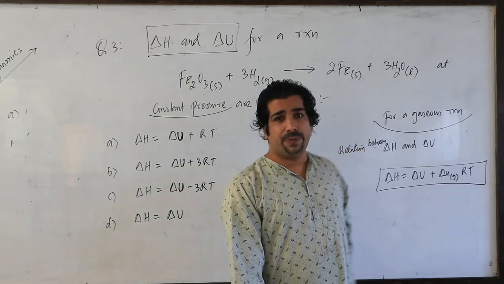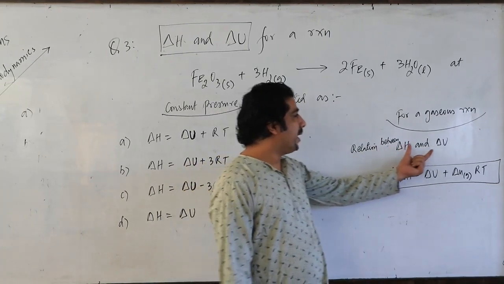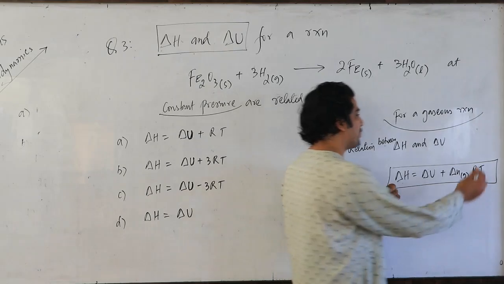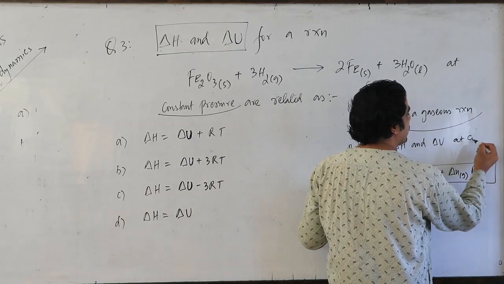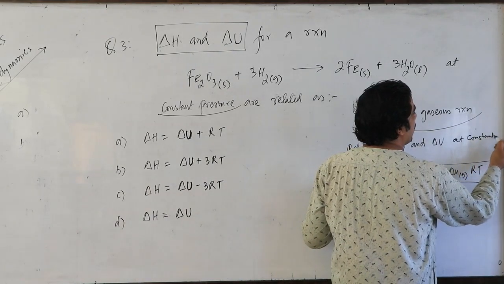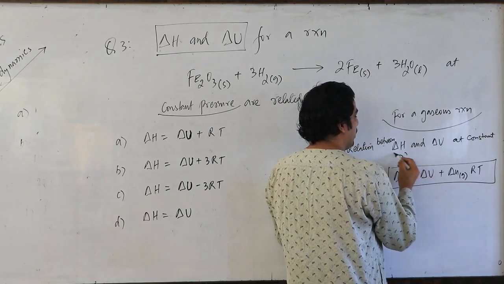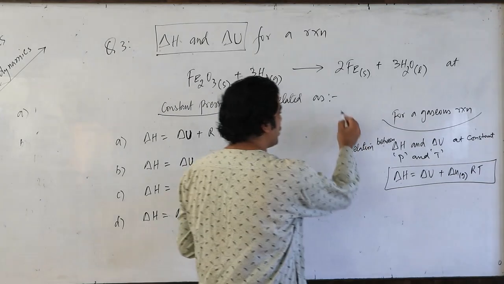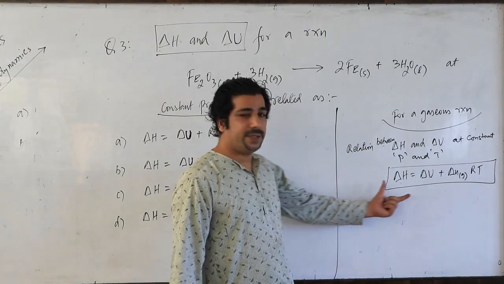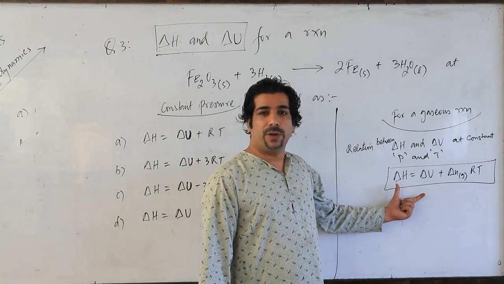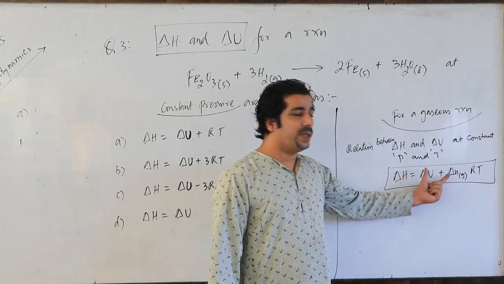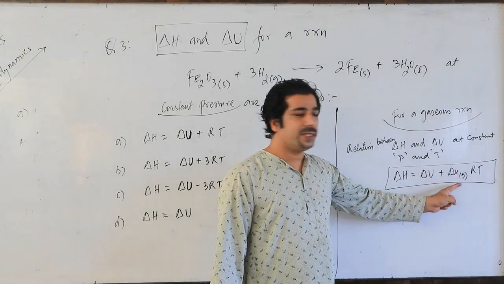So the relationship between delta H and delta U for a gaseous reaction at constant pressure and temperature, we have already derived. I think you remember this relation. Delta H is equal to delta U plus delta N gaseous RT.